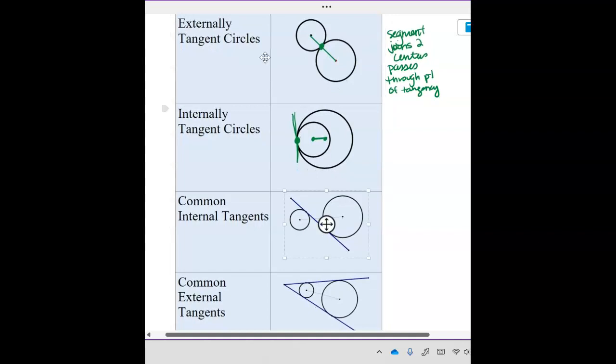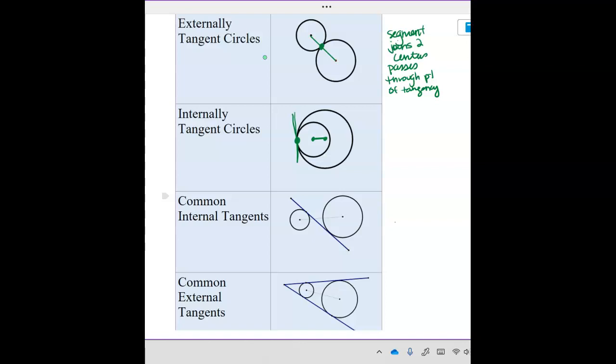Now we also can have common internal tangents. And here you notice that the circles themselves don't touch each other, but we can draw a tangent line that is tangent to both the smaller circle and the larger circle.